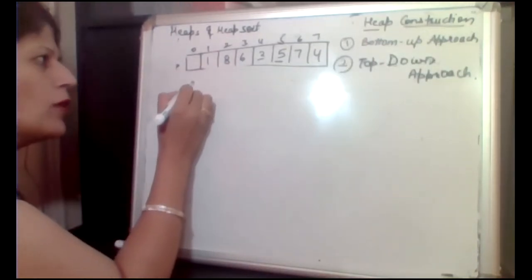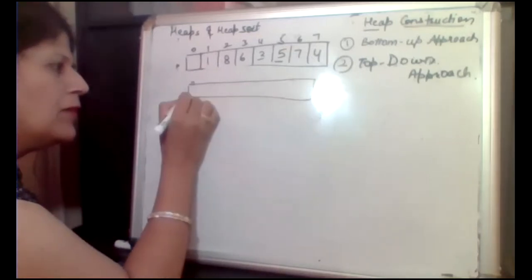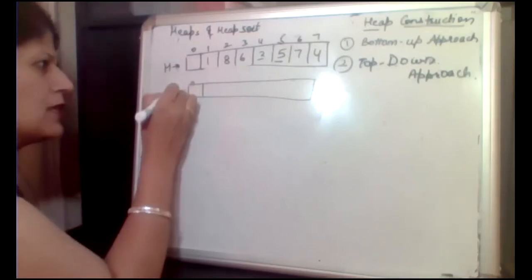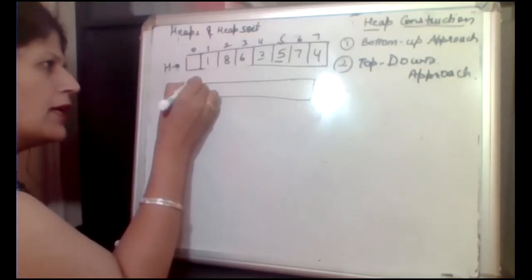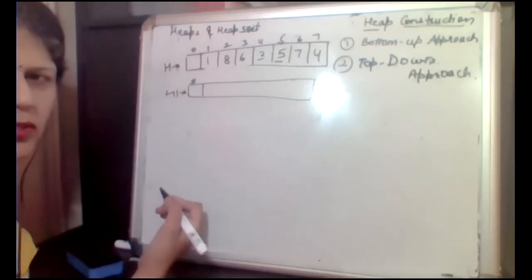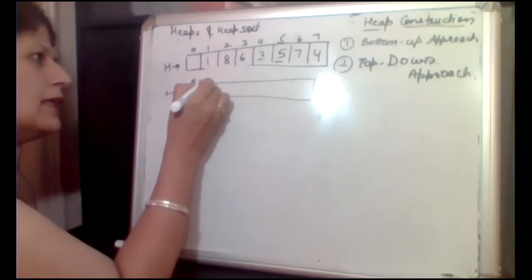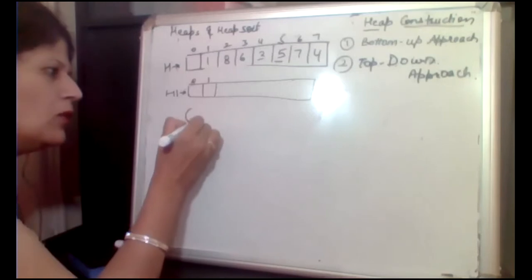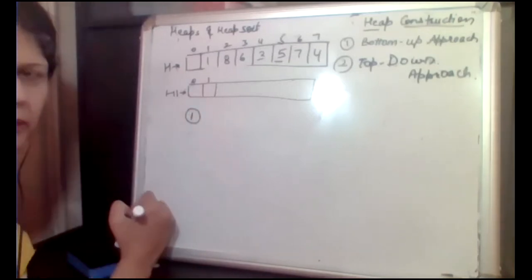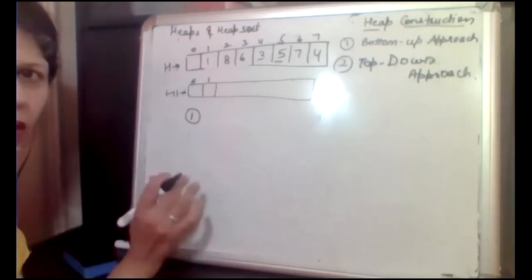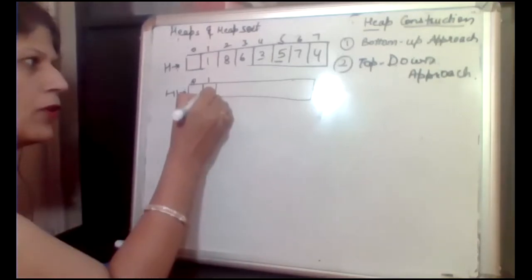Right now we take an empty array H. At index 0 we assume H0 is not used, and at index 1 we include the element 1, because this element is at the root, so it will not need any other processing.